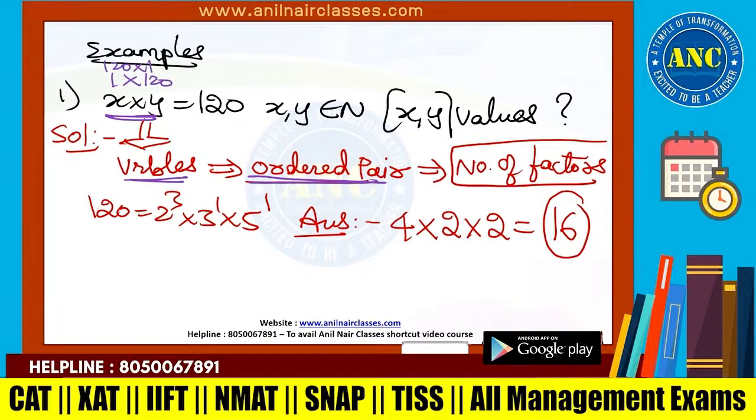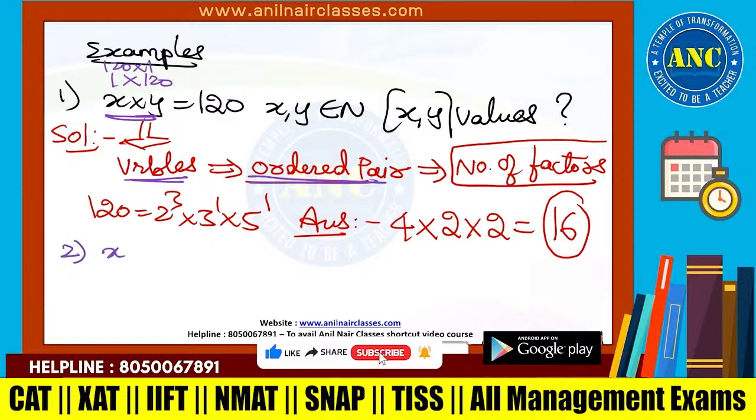In an ordered pair, the number of ways of writing the number as a product of two factors is nothing but the number of factors.